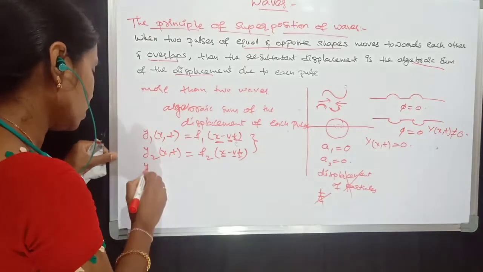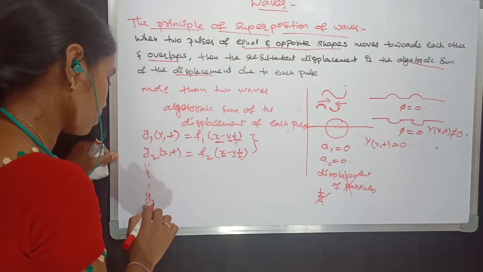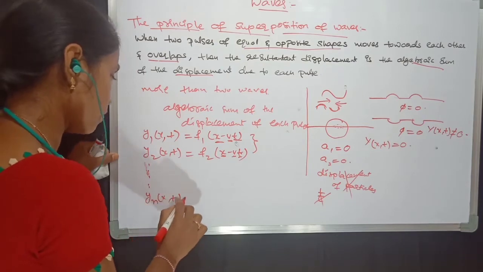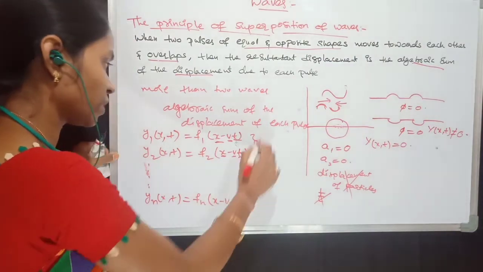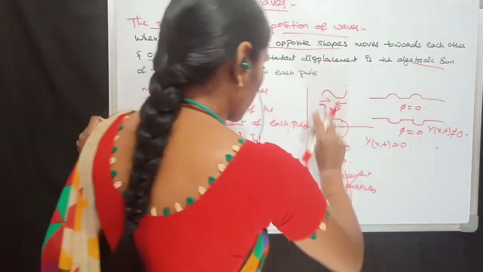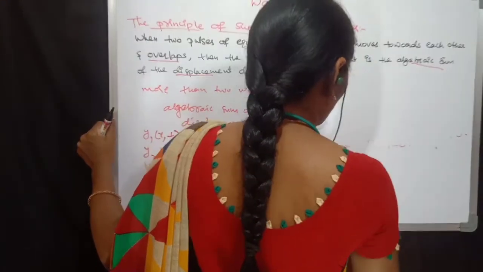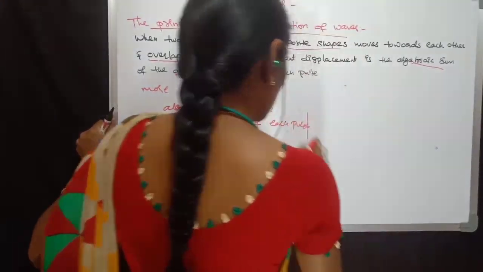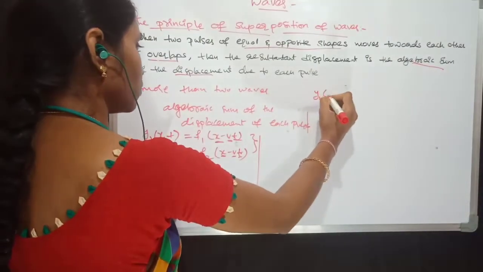And I have n number of waveforms. If I have n number of waveforms, then the resultant displacement of these waveforms after overlapping will be equal to the algebraic sum of these waveforms.